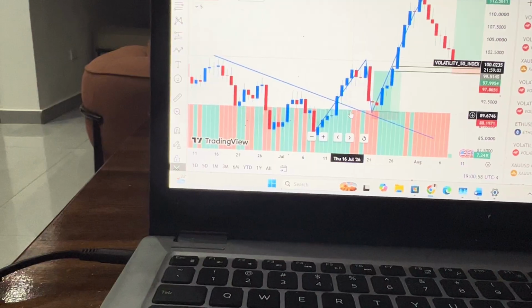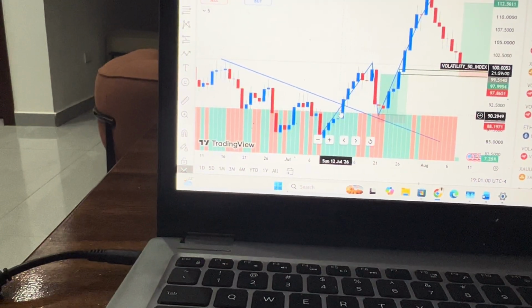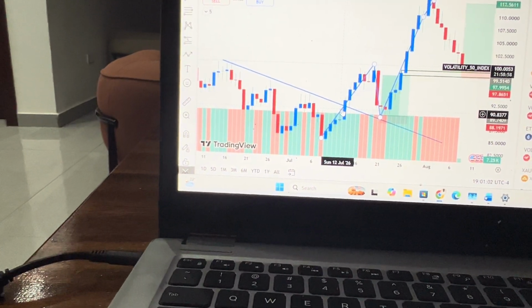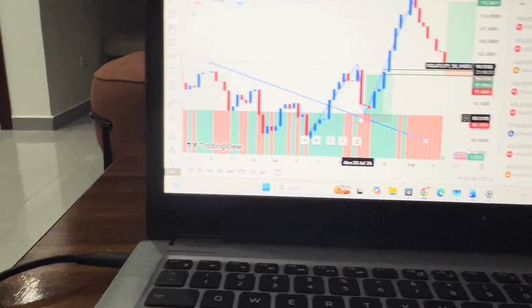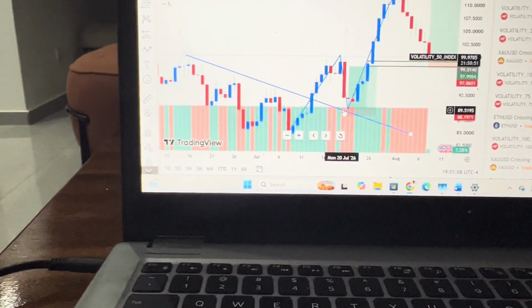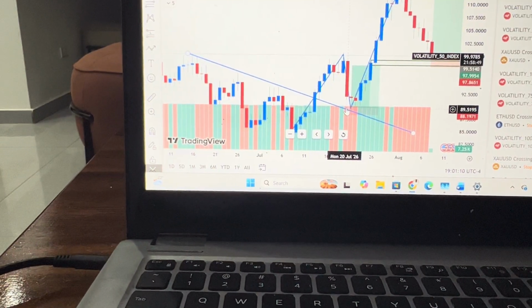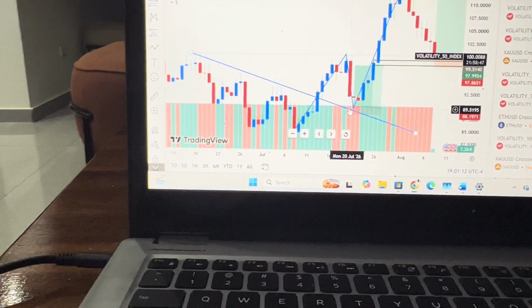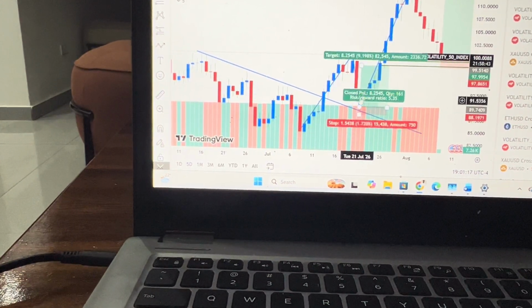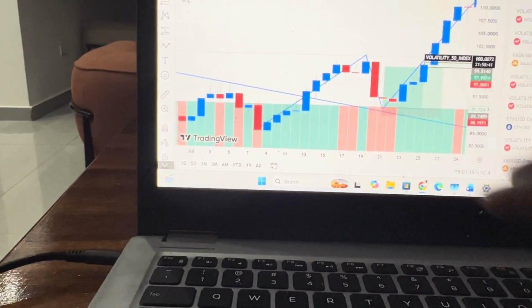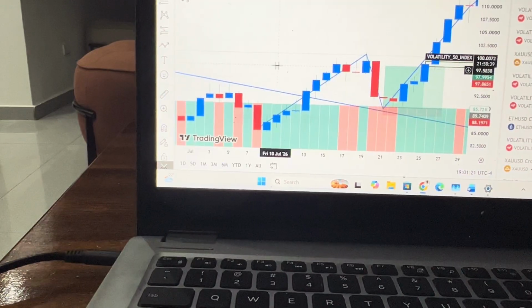And of course, when the market touches our trend line, we don't go aggressive or go directly into the market. No, we don't do that. We wait for confirmation. Remember, we are in the daily time frame.